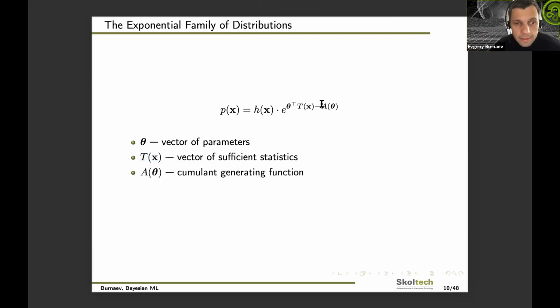Actually, a of theta is a normalizing constant, because the integral of this expression with respect to x should be equal to 1, because p of x is considered to be a density function. And so we need some normalizing coefficient, which of course depends on theta, so that this integral is exactly equal to 1. That is why a of theta is the normalizing coefficient. We define it in this way, and later I will explain why.